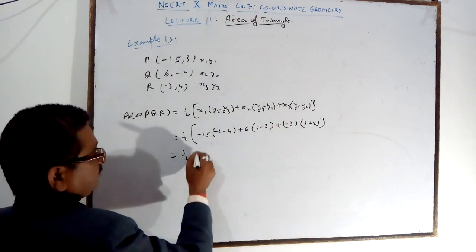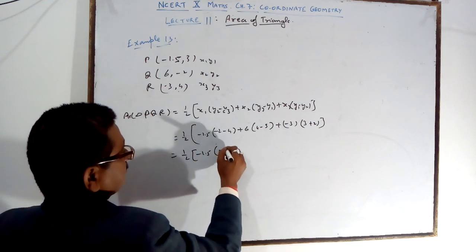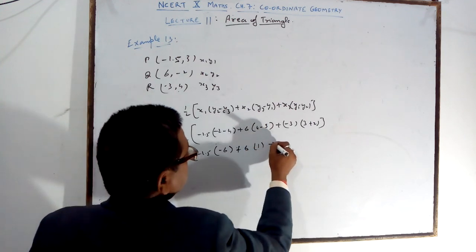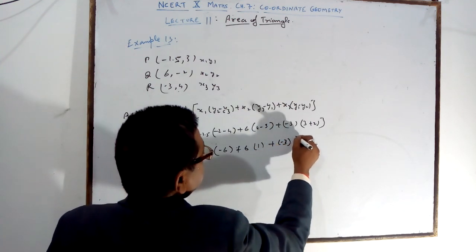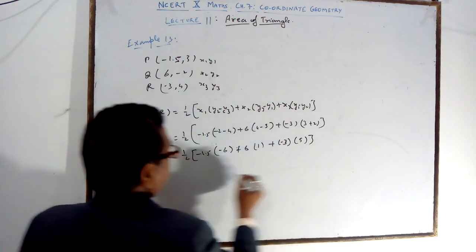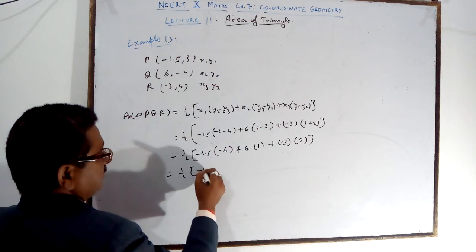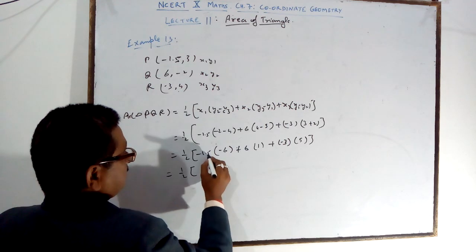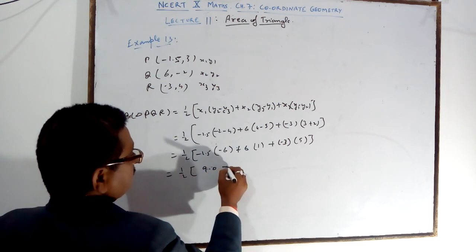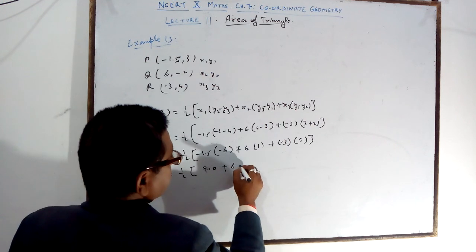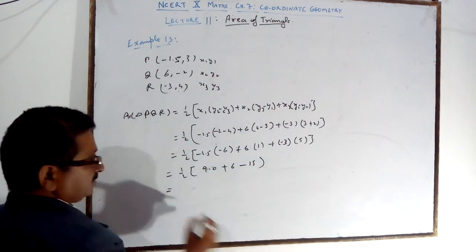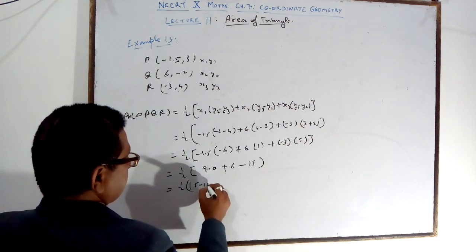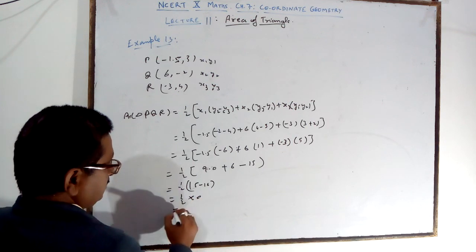You will get half into minus 1.5 into minus 6, plus 6 into 1, plus minus 3 into 5. So half, 9.0 plus 6 minus 15. What are you getting? Half, 15 minus 15 gives you half into 0 is equal to 0.